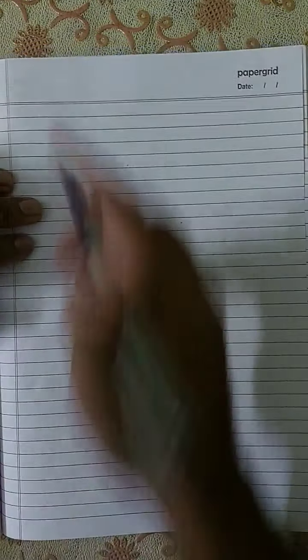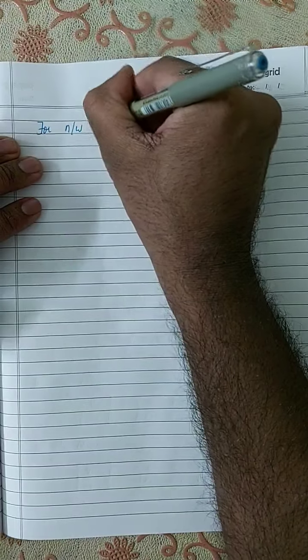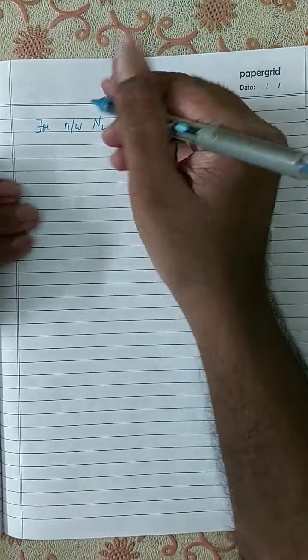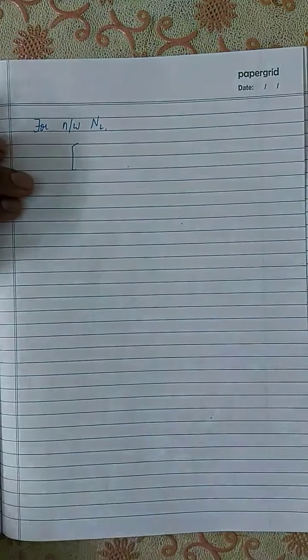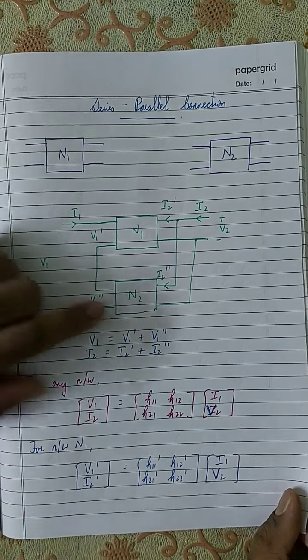What about for network N2? For network N2, what is the input voltage over here? V1 double dash, and the output current is I2 double dash.